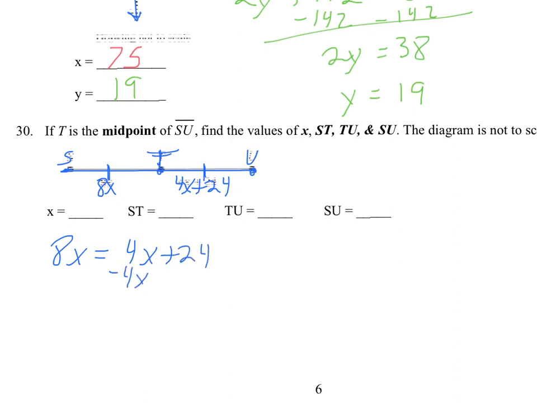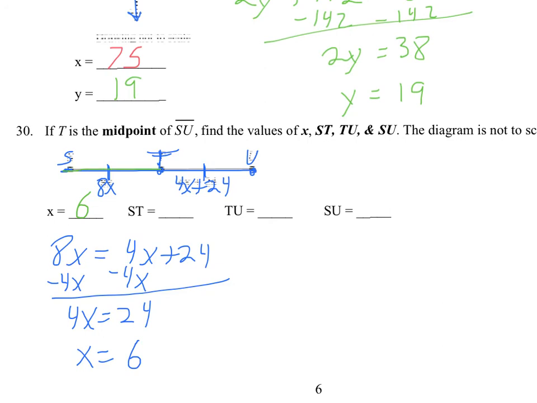Subtract 4x from both sides, because we're going to solve for x. And we find when I divide by 4, x is equal to 6. That's one of my answers. Now what I do is I replace x with 6 for segment ST, which is right here.